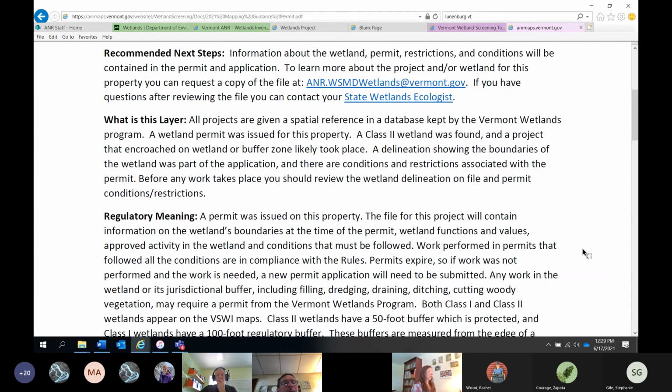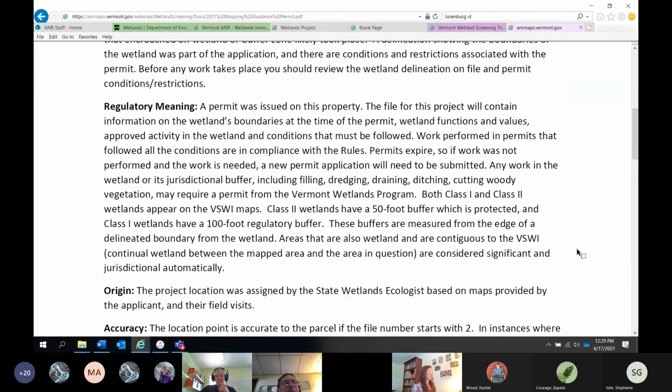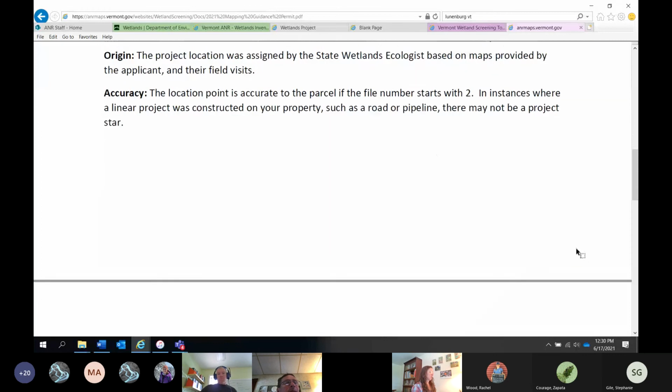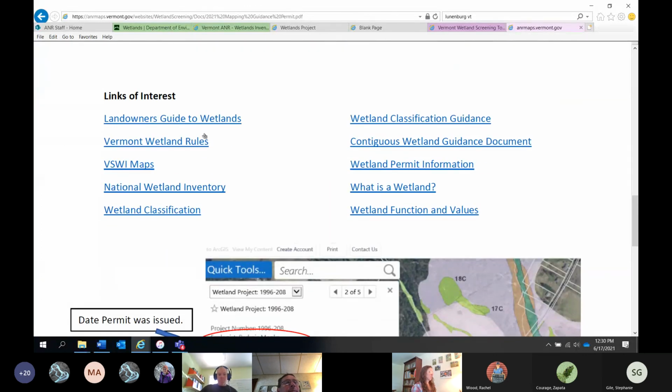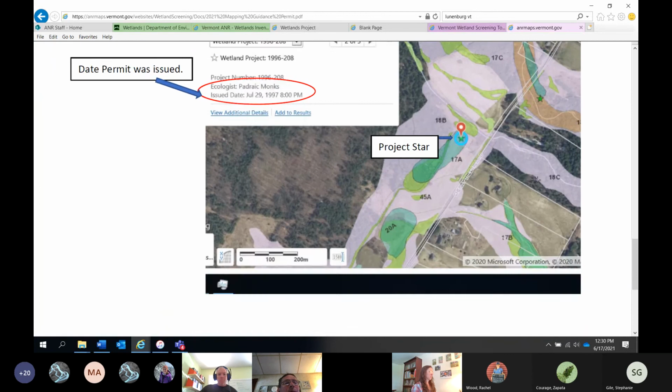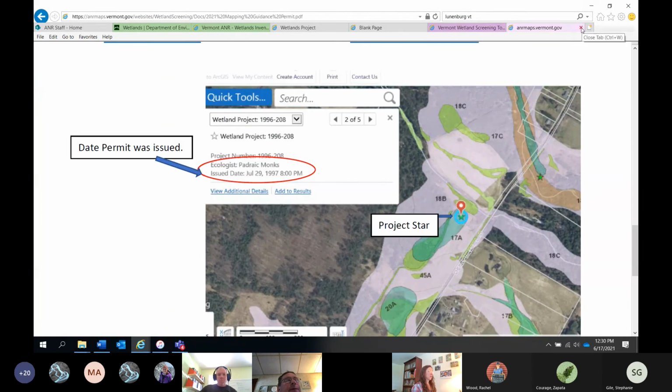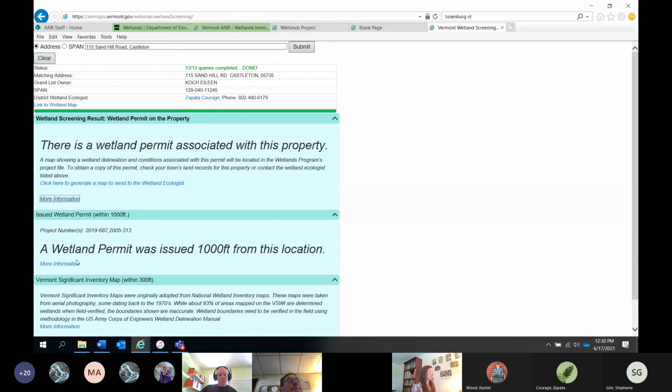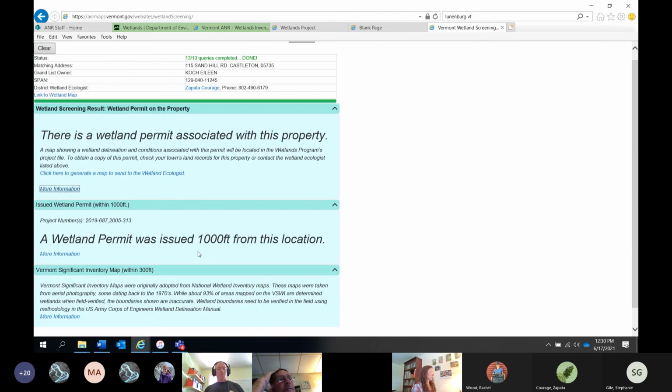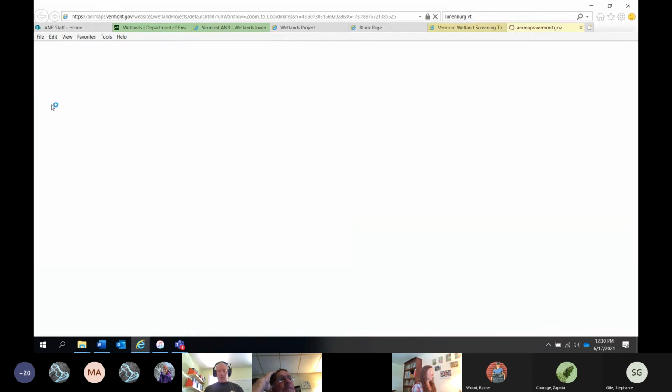It talks about what the layer is, where it came from, the regulatory meaning of it, the level of accuracy, and then there's all kinds of links of interest. Each one of those layers is going to have that same sort of pop-up. The way this works is based on the actual property boundaries as opposed to a point on the property. So this one says there's an issued permit within 1,000 feet of this location. That's interesting. So let's see what this is going to look like on the map.